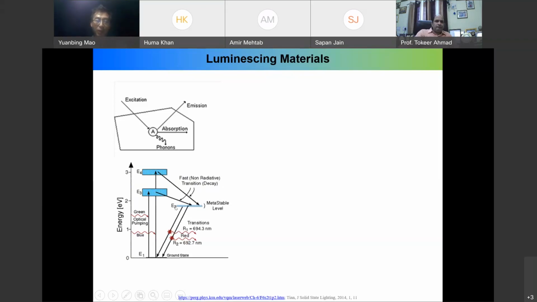Depending on these metastable levels, and this is actually how laser processes happen, at a certain time they give the laser out. So this is another, simpler way to show this process: basically excited, then go through the non-radiative process, and then at this energy level, it will emit light.